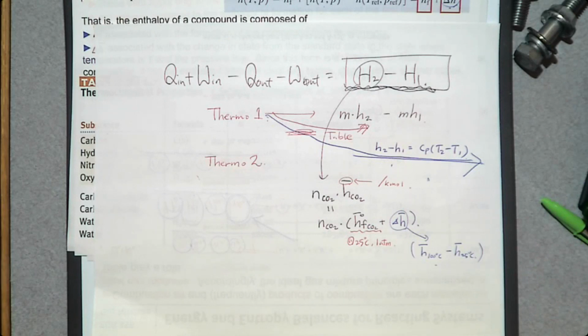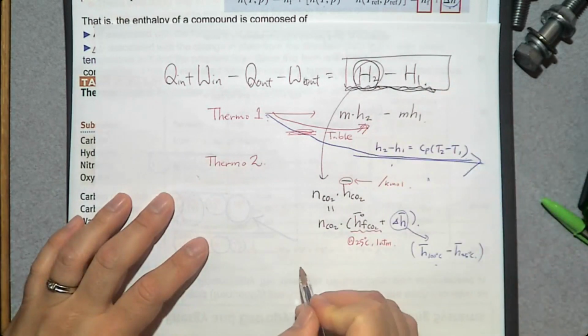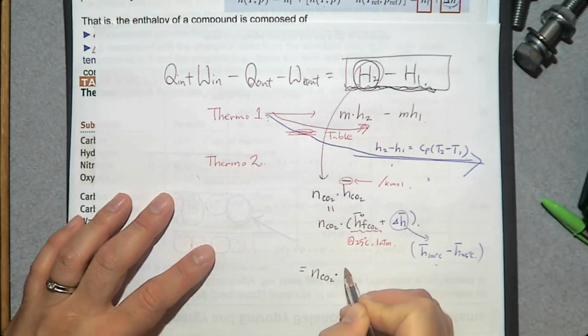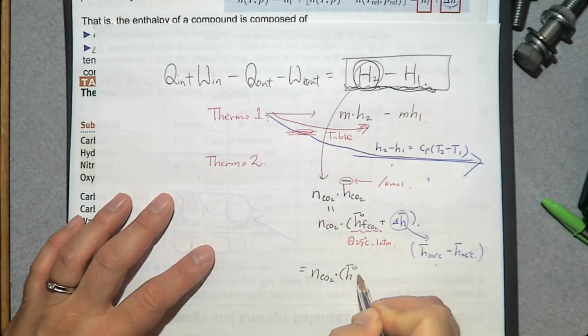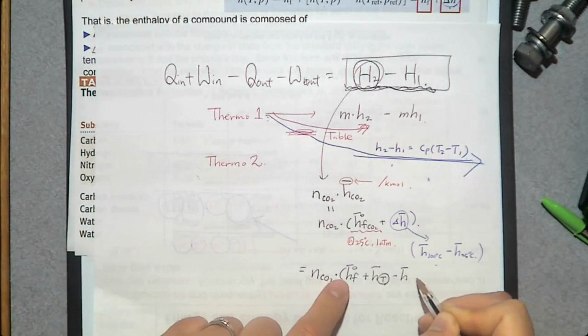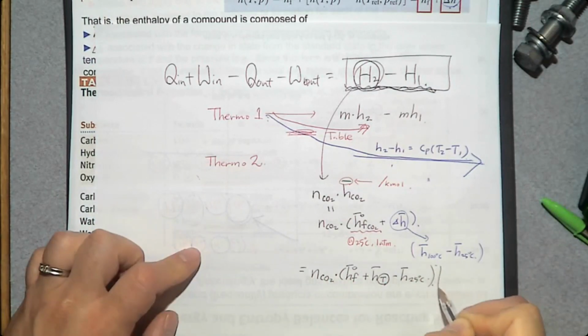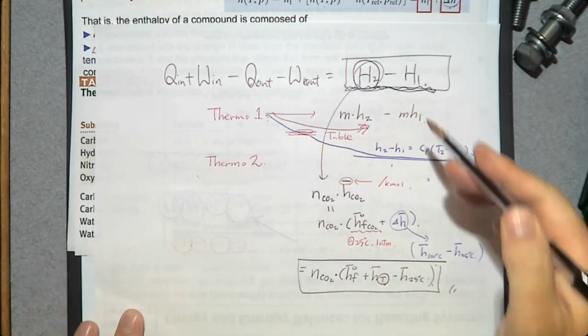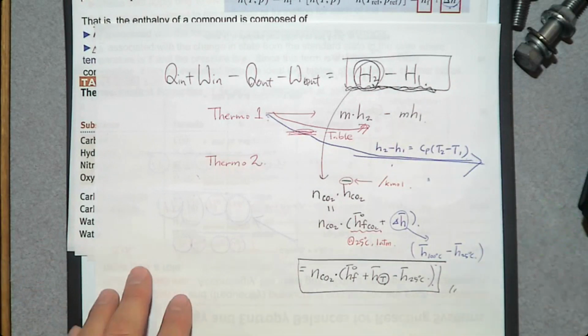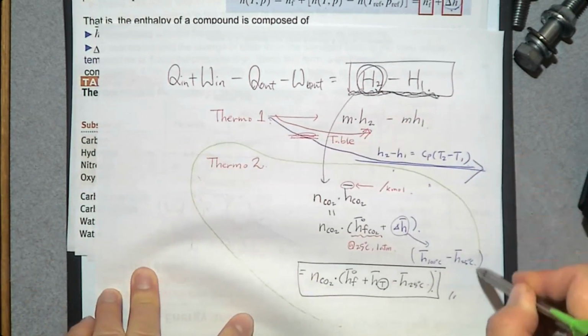So the final solution for this H is going to be N of carbon dioxide times H bar of formation plus H bar at the given temperature, whatever the temperature that you have, minus H bar at the standard temperature, 25 degrees Celsius. So this is how we determine this H. That's what we do in Thermodynamics 2 rather than Thermodynamics 1.